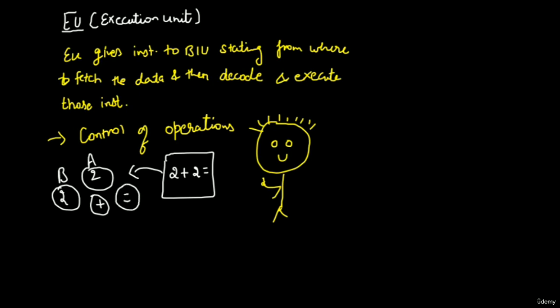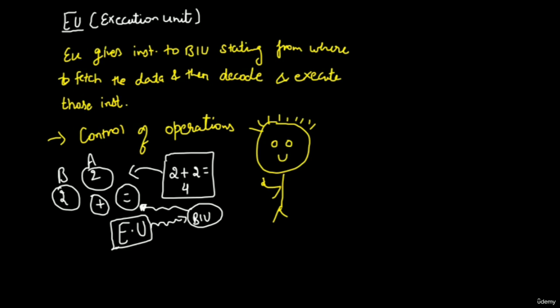Everything is happening. The execution unit decides which circuit it has to activate to solve the answer. So the execution unit commands the BIU to get all this data, then executes and finally gives us the result as 4. That's the overall idea of it.